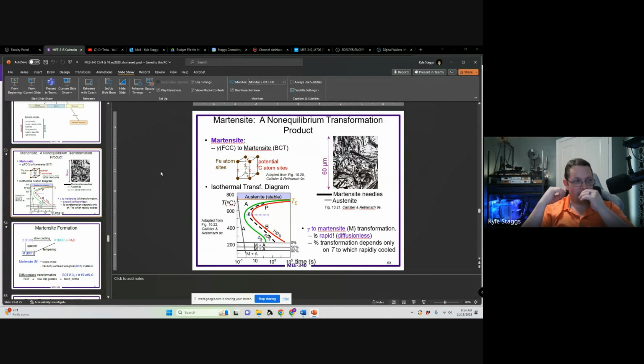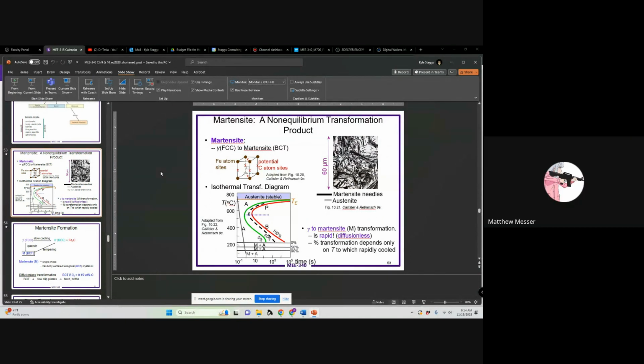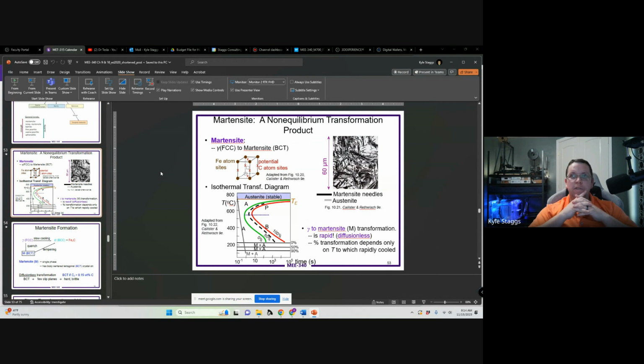I assume you guys talked about toughness at least a little bit. Yeah. So these sharp needle-like structures mean that the material is not tough. It's actually very brittle. So it likes to fracture along a lot of those lines if you have a sharp impact load on the material. Right, so you wouldn't want a hammer with tons of martensite in it because you would go to hit something metallic and that hammerhead would shatter and explode on you.